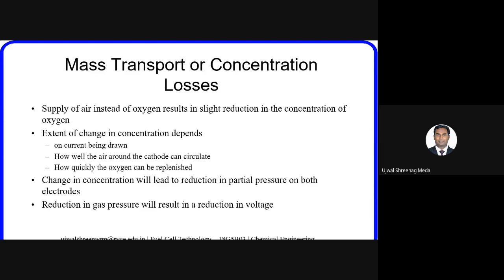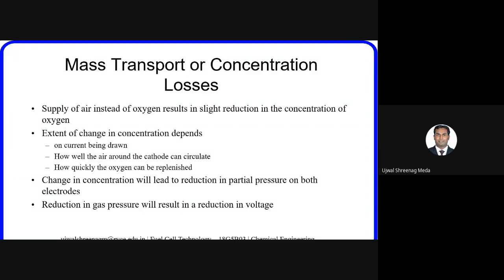The fuel and oxidant should also be supplied at the same rate. How well the air around the cathode can circulate, how quickly the oxygen can be replenished. Change in concentration will lead to reduction in partial pressure on both electrodes, and reduction in gas pressure will result in a reduction in voltage, which is nothing but the concentration loss.